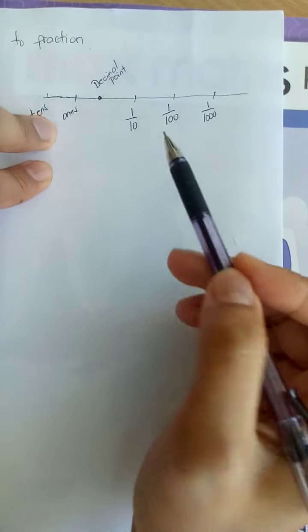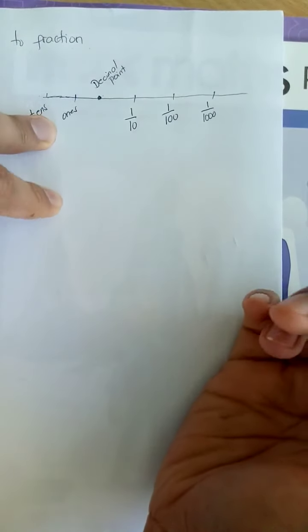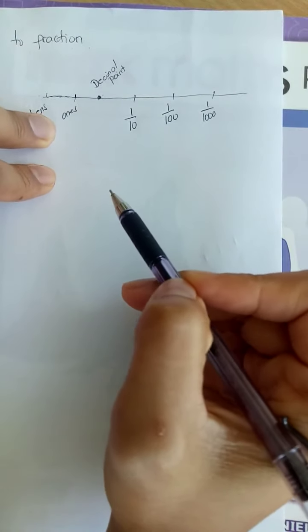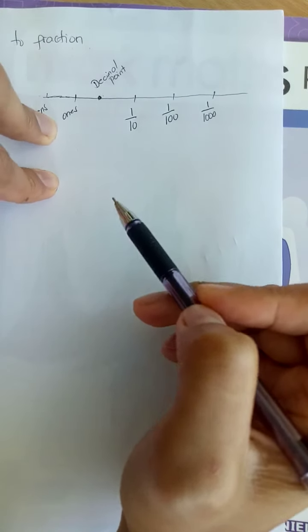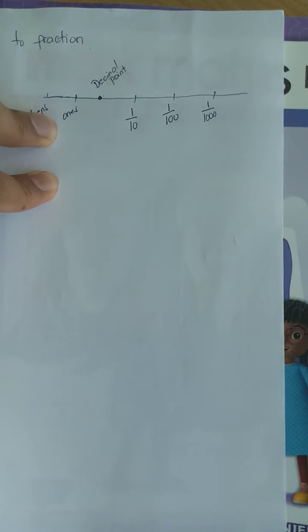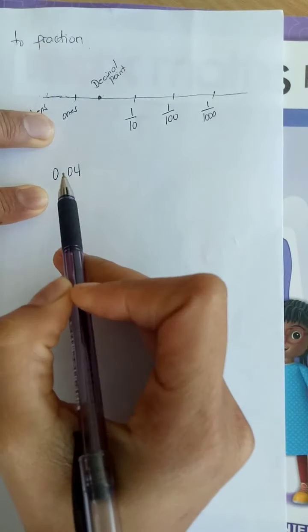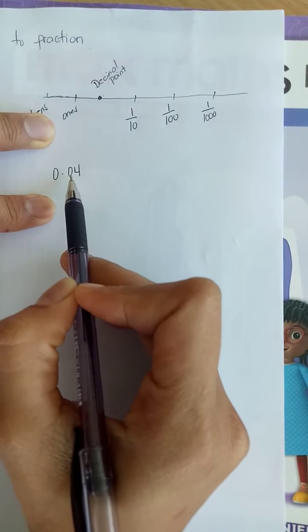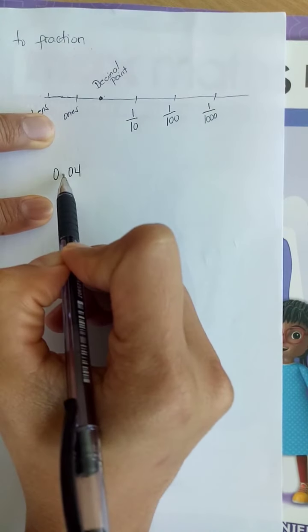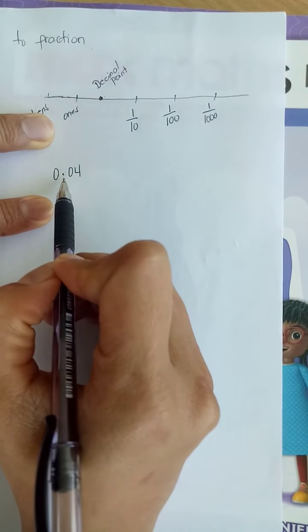Okay, so when you convert your decimal to a fraction, you have to count how many digits there are from the decimal point. Example, we have a decimal of 0.04. Our decimal point is here.